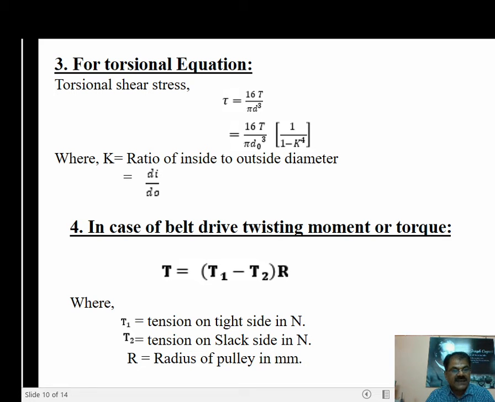T1 is the tension on the tight side of the belt in Newton. T2 is the tension on the slack side, also measured in Newton. R is equal to the radius of the pulley in mm.